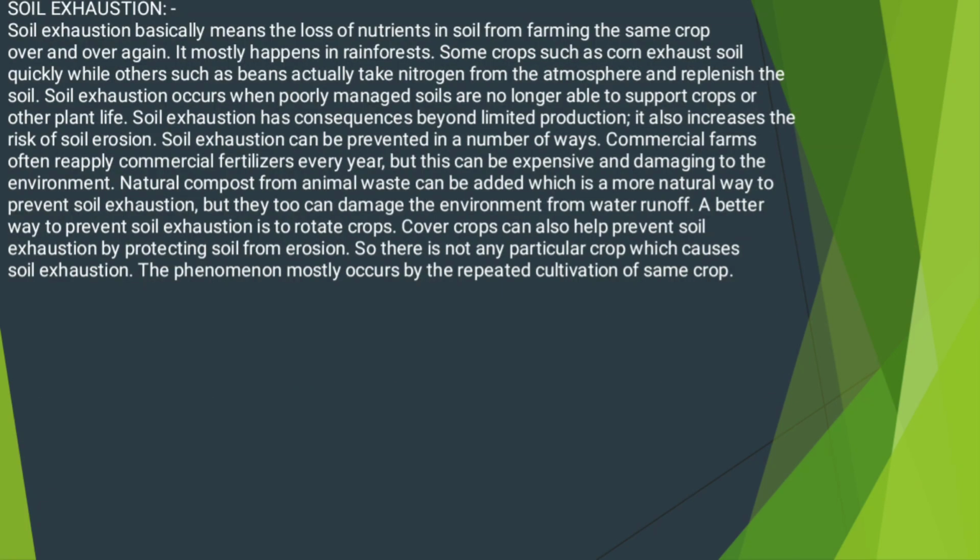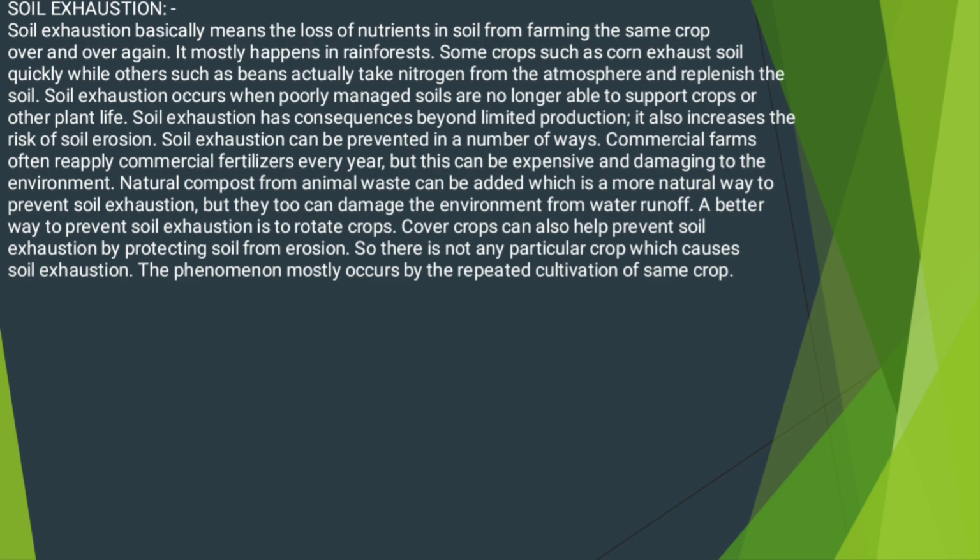Let's look at the term soil exhaustion. What is soil exhaustion? Soil exhaustion basically means the loss of nutrients in soil through farming the same crop over and over again. This mostly happens in rainforest.